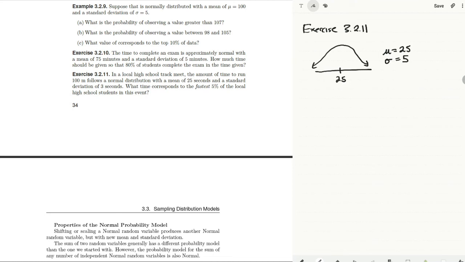So now the region which corresponds to the fastest 5% is going to be the left tail. So let's call the time y, and the fastest 5% is going to be this time with an area of 0.05.